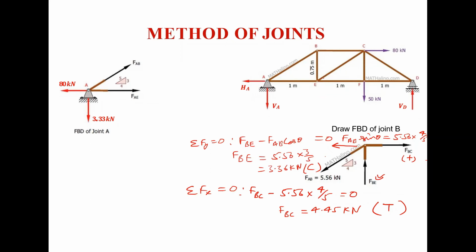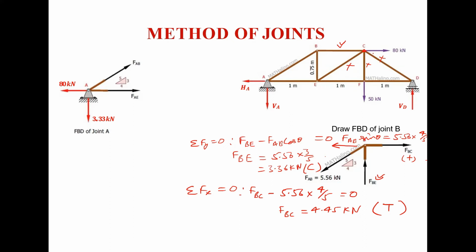Next, will you draw the FBD of E or C? C. But at C, you know FBC, but you don't know these three other forces. These three forces are unknown. If you draw the FBD of point C, you will not be able to solve three unknowns with two equations.